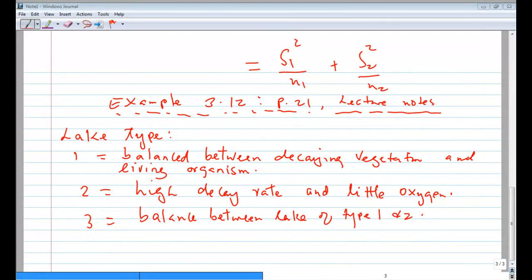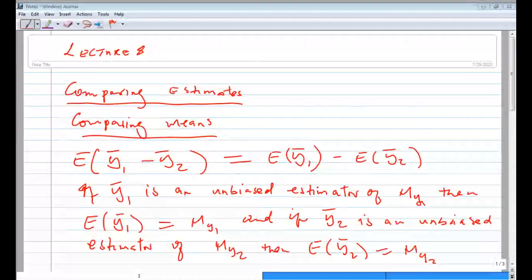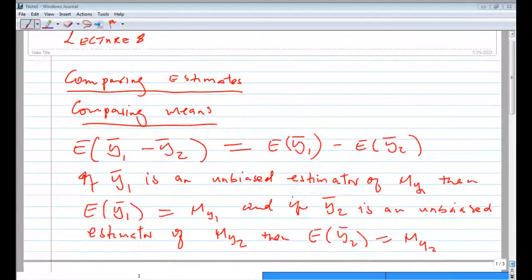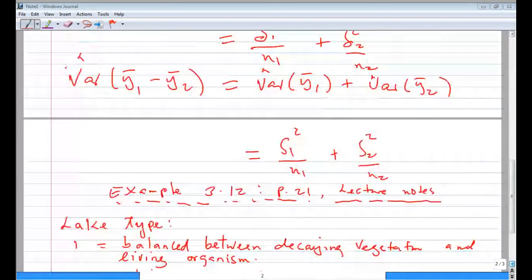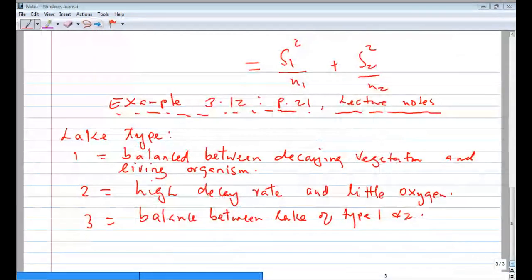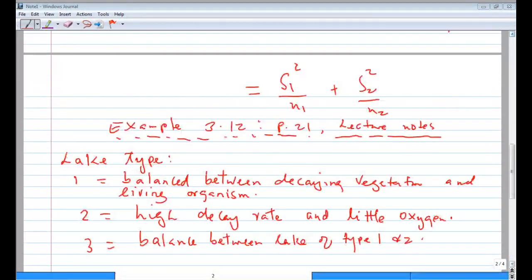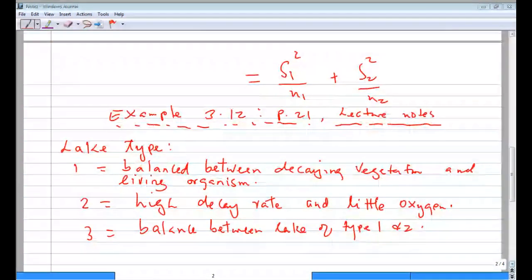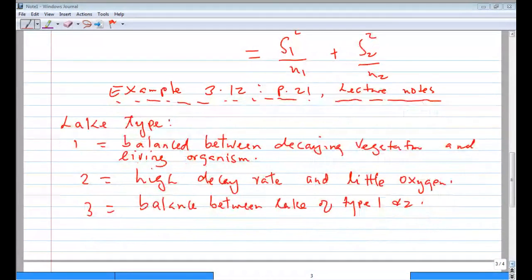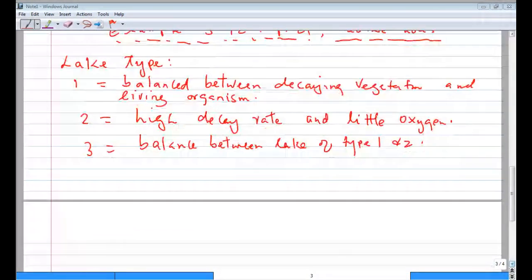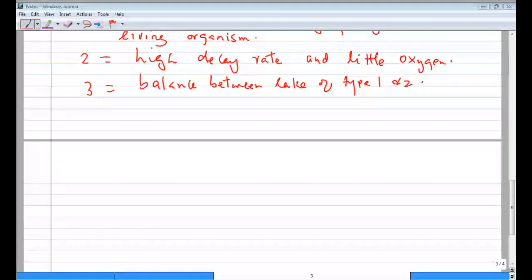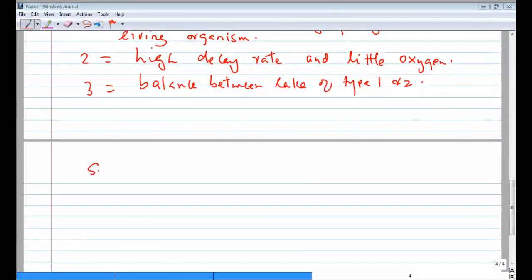Let me just create a big space now. I want a big space for the table. It's a summary, statistics or summary results.